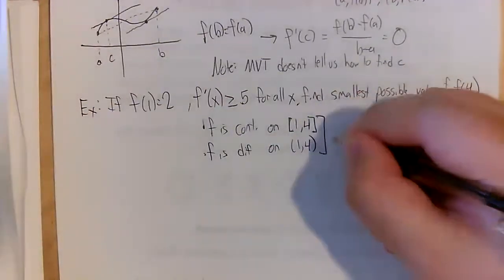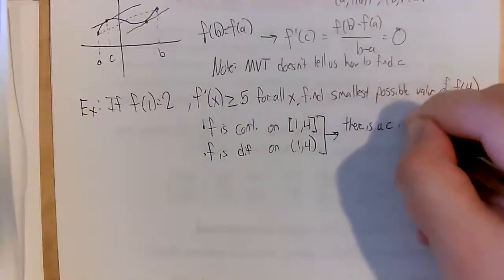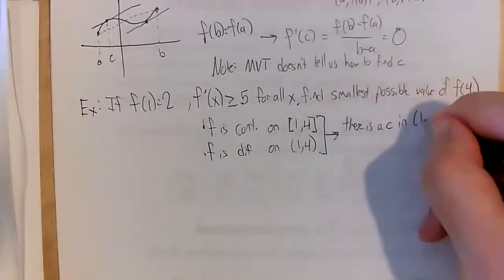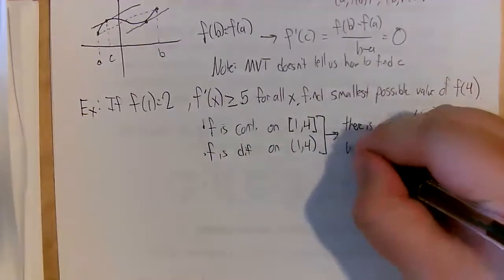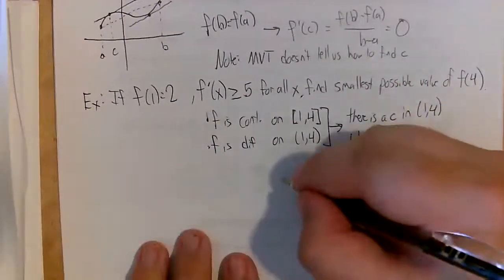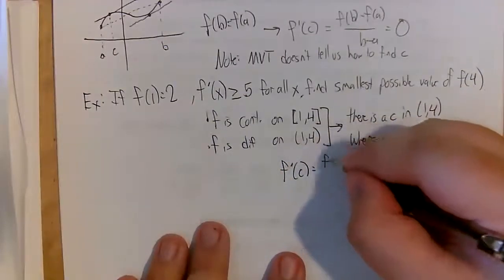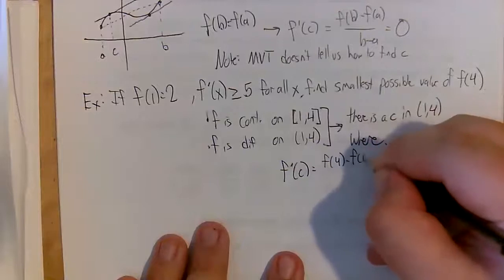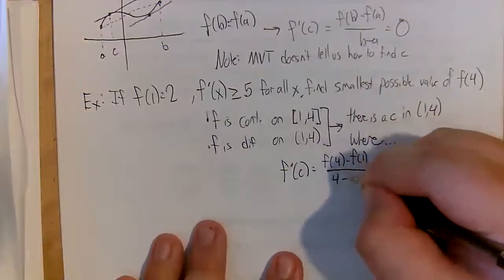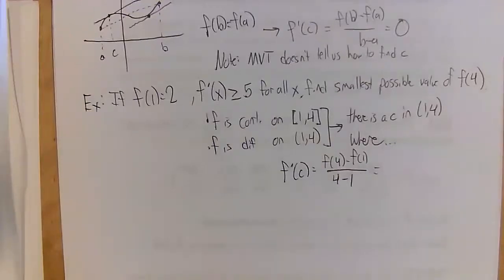So this allows us to conclude that there is a c in the interval 1 to 4 where, and then let's write the equation, f prime of c is f of 4 minus f of 1 over 4 minus 1. All right, now let's see here.